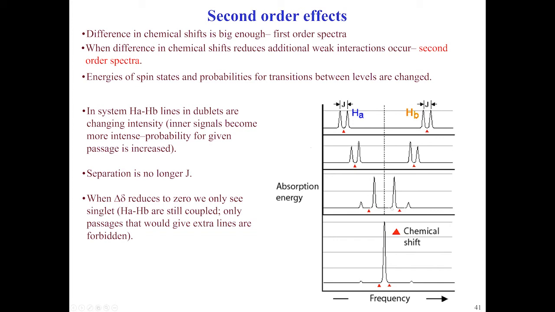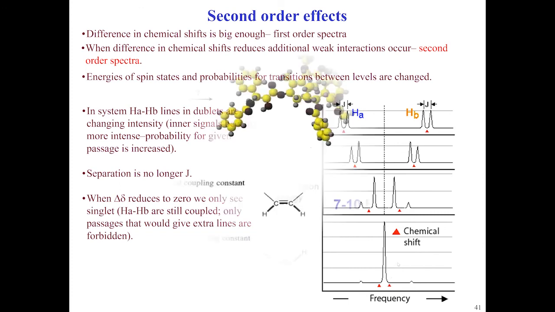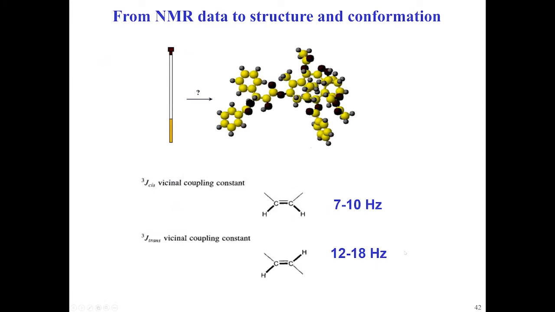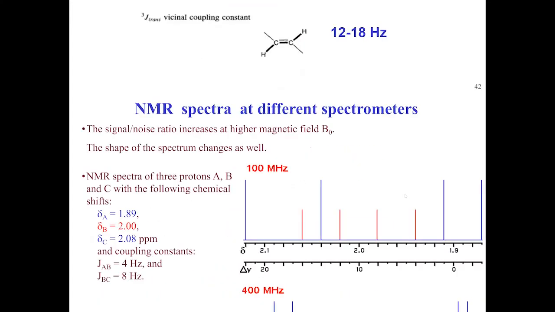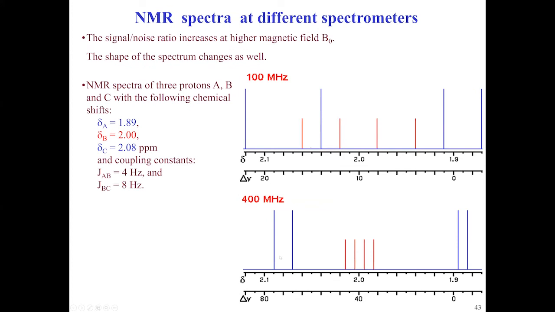We have this second order effect, and if it becomes even worse, you get to one signal. And you will see immediately what I'm talking about. So these sort of interactions are very informative. They will help us to understand which isomer we have, and so on and so on. But coming back to this issue of chemical shift and coupling constant, this is again a little illustration.